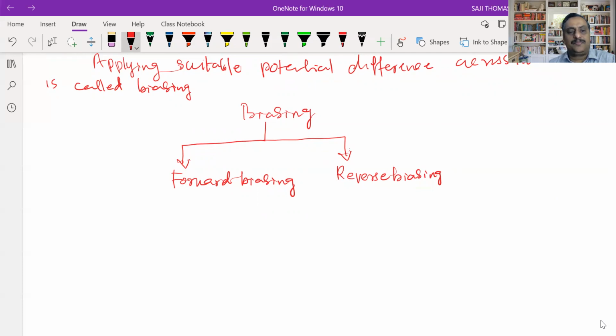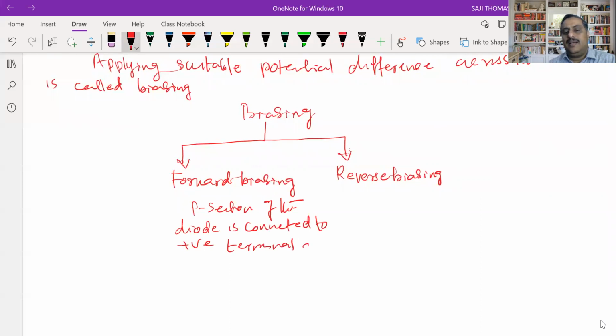How will we apply external voltage? P section is connected to the positive terminal and N section to negative terminal of the battery.